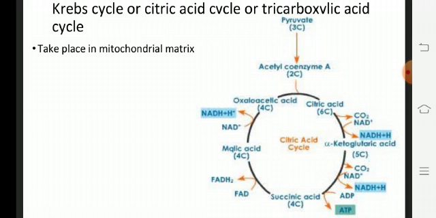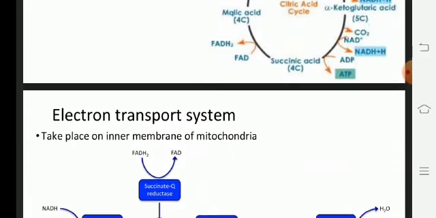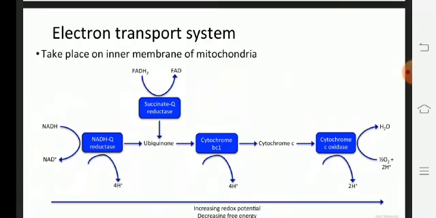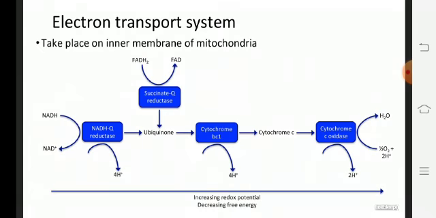I hope you understood this cycle. Now we discuss the last step that occurs in the mechanism of aerobic respiration, that is the electron transport system, also known as terminal oxidation and also known as oxidative phosphorylation.